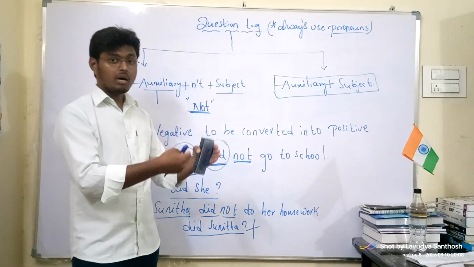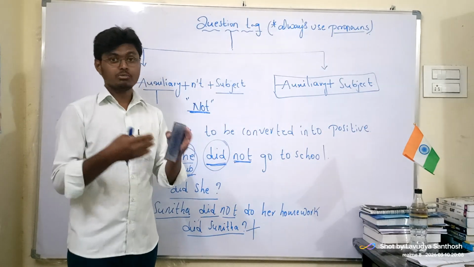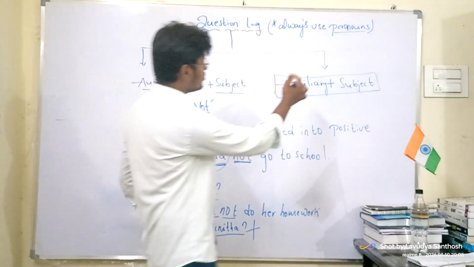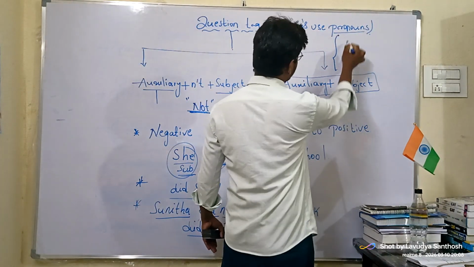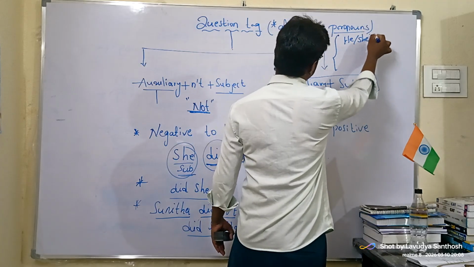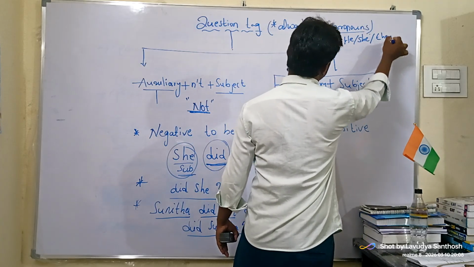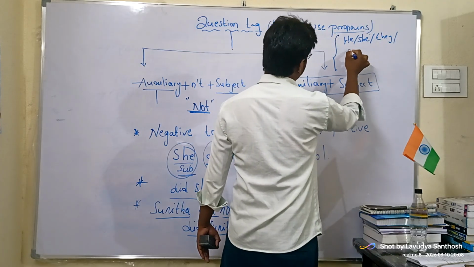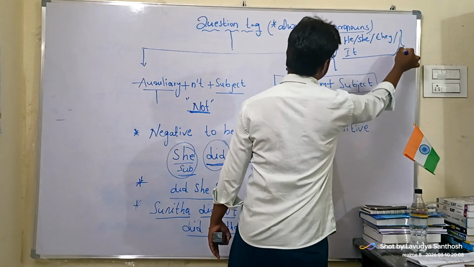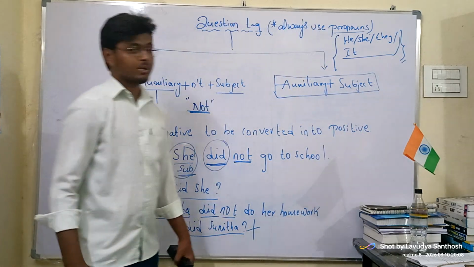Ramu is he. Here you write pronouns: he, she, they, it. They all are pronouns.